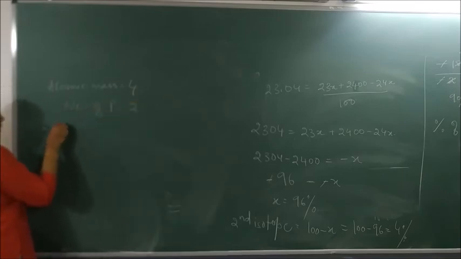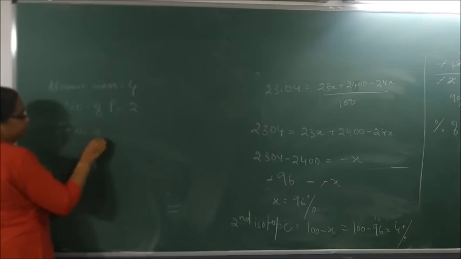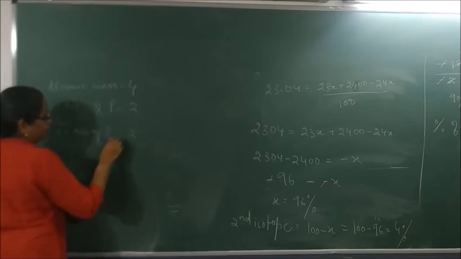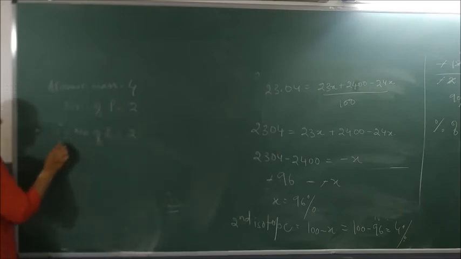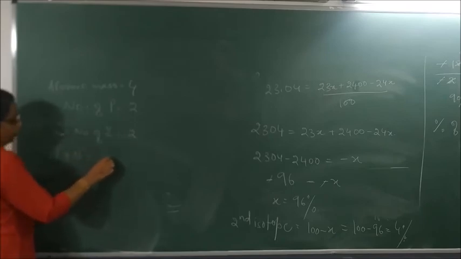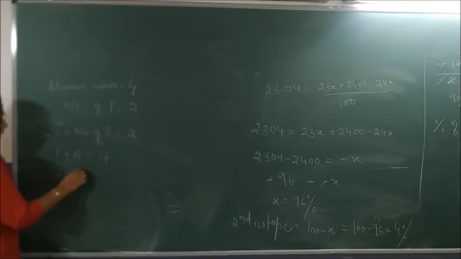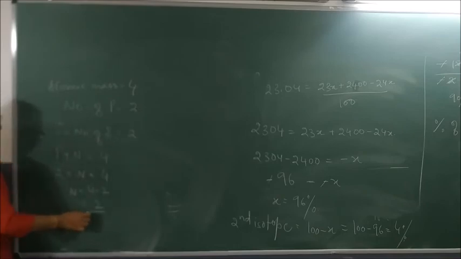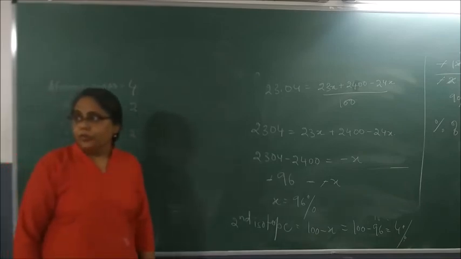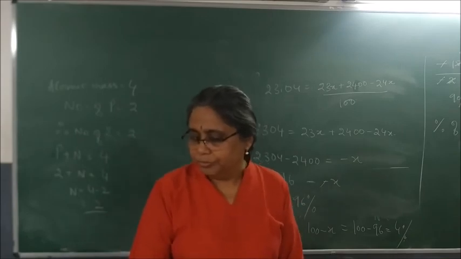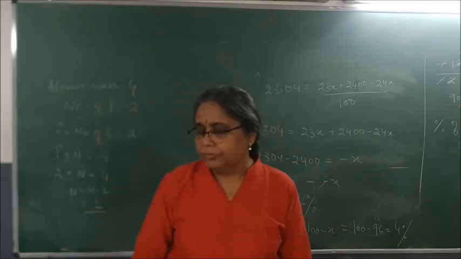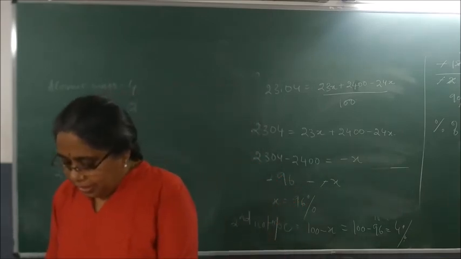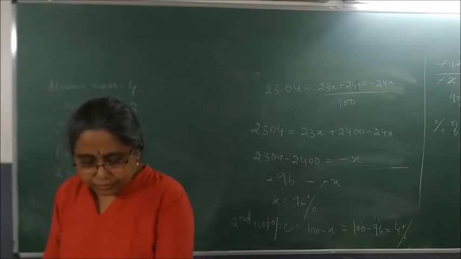Therefore, what will be the number of electrons? 2. So what will be the number of neutrons? P plus N is equal to 4. 2 plus N is equal to 4. So N is equal to 4 minus 2, which is equal to 2. The number of neutrons is 2. Done. Come to the next one.